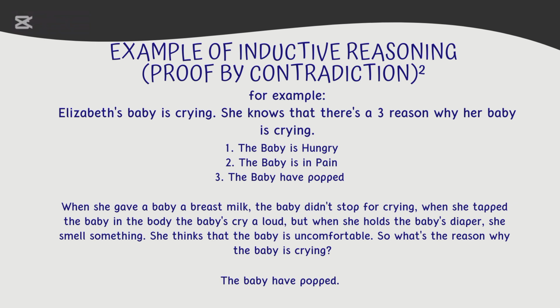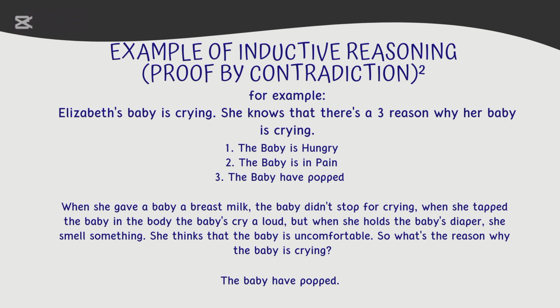Kung bakit umiyak yung baby ni Elizabeth. Parang hindi ba't sa detective na kapag wala pa silang na ibibigay or wala pa silang sapat na proof dahil nangyari yung bagay na yon, parang nagbigay lang sila ng isang assumption kung bakit nangyari ang mga bagay na yon.